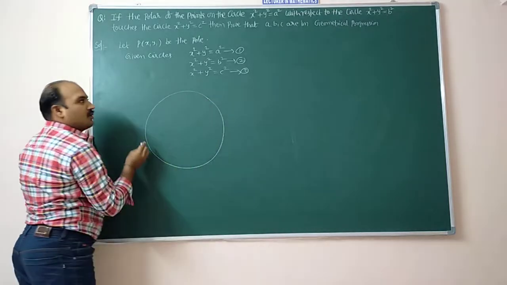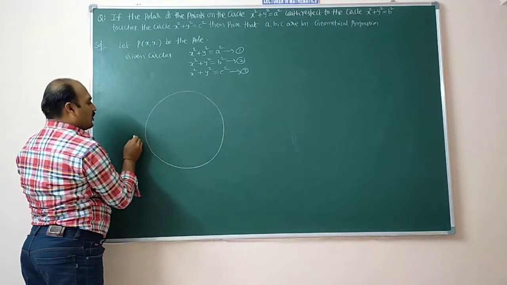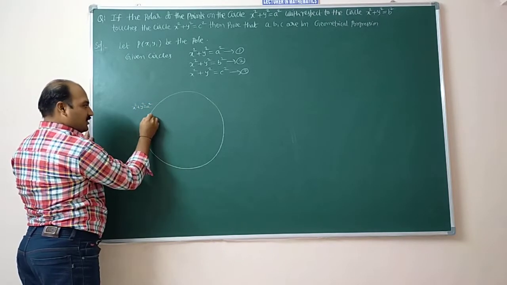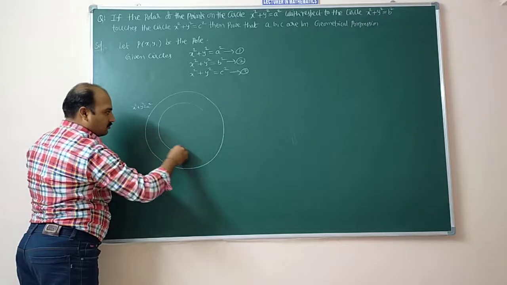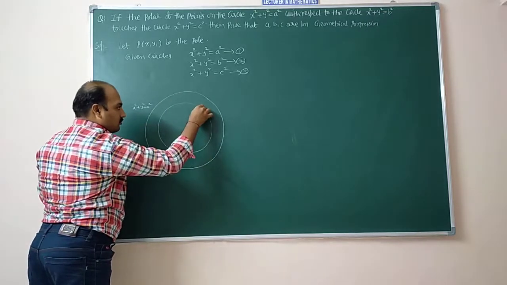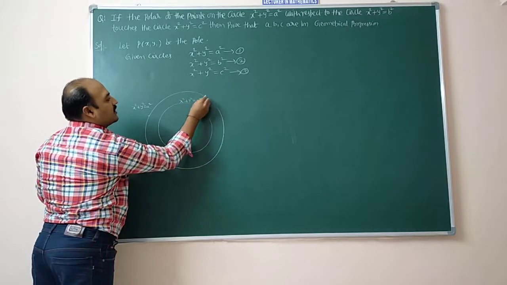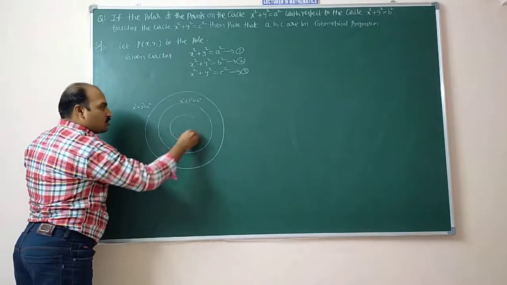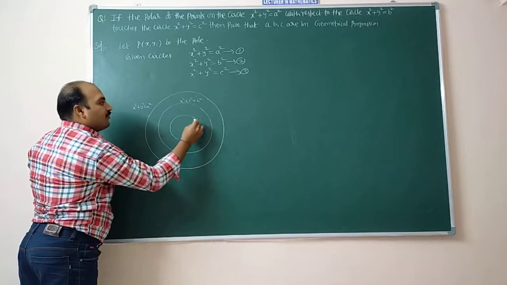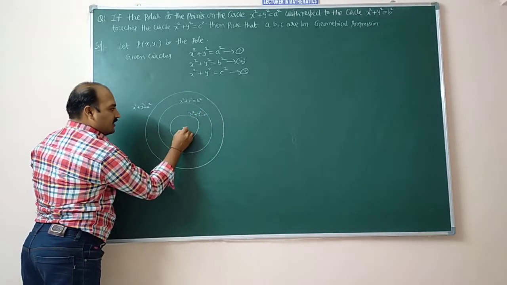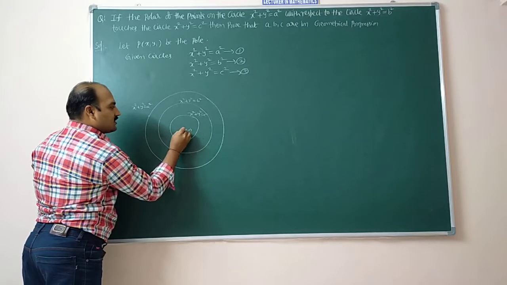This is equation number 1. Circle equation, x square plus y square equal to a square. This is x square plus y square equal to b square, second circle. Third one, x square plus y square equal to c square. Center is 0, 0 for all the circles.